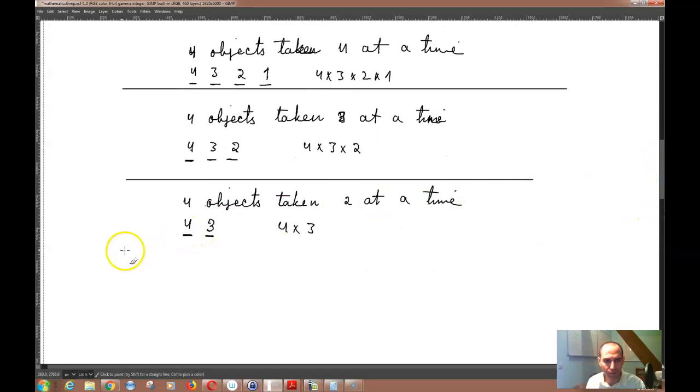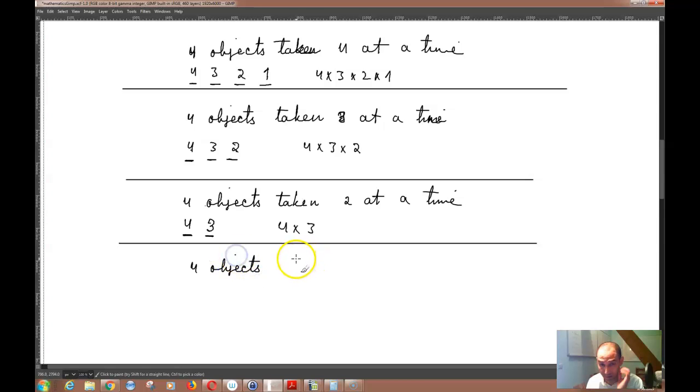And if you want to make 1-letter words, that means taken 1 at a time. That would be only 4 ways of filling just one placeholder, so that would be only 4.